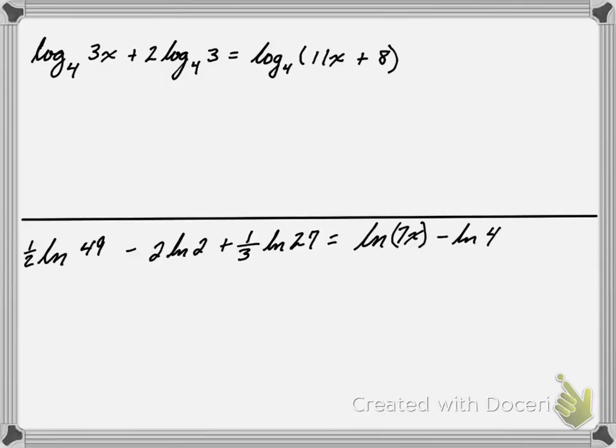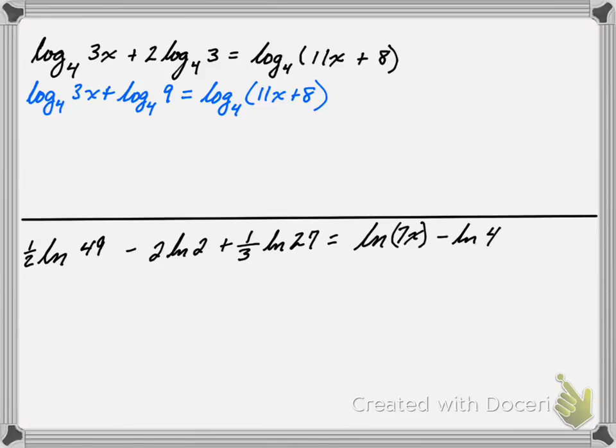So that's what we're going to take care of first. So this gives us log base 4 of 3x plus log base 4 of 3 raised to the 2nd power, which is 9, equals log base 4 of 11x plus 8.